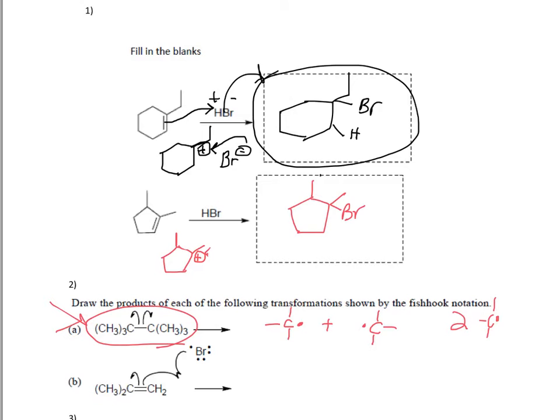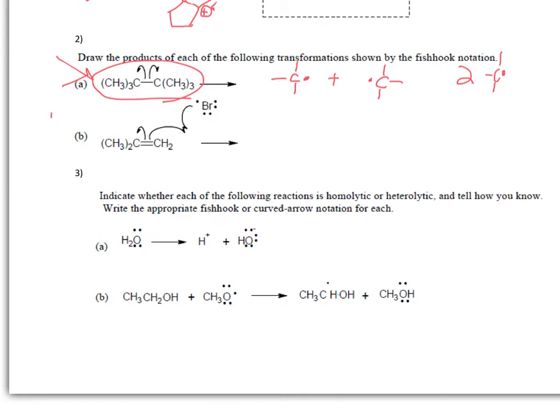Okay, let's go forward. The next question asks you to again determine what the products would be when the following combination occurs. So notice in this case, the pi system is going through a free radical reaction. You have two methyls here and one of the carbons. Each of the carbons is getting its free radical back. One of the carbons, the terminal one, is going to react with the bromine free radical and form the bond.